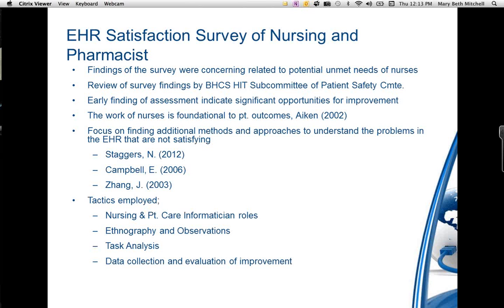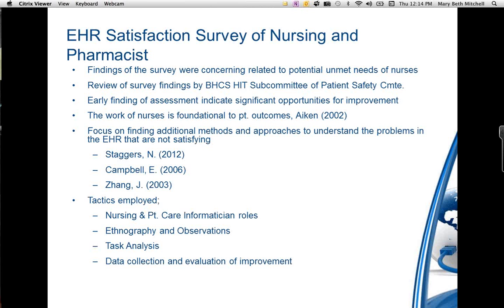Some of the things that we've pulled out that we're doing within my organization is that in nursing and patient care, we've identified informaticist roles specifically to help focus on this work, and those people are seen as the individuals that help bring forward the recommendations and really translate the needs of the clinicians, how that should look in the EHR and what those changes should be to best support practice.